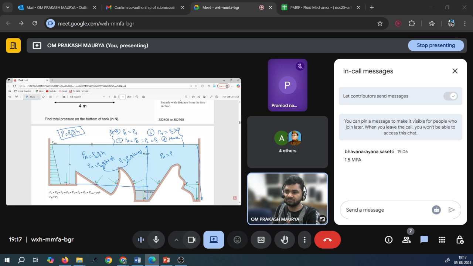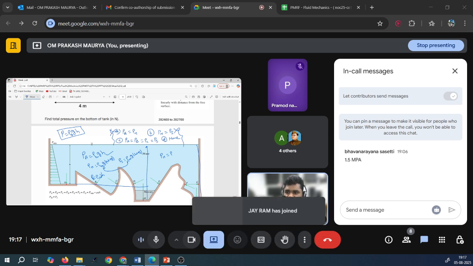Now come to C. P_A equals rho g h, this is correct, and the level is the same, so rho of water g H, and P_B also will be equal to this, but P_I is different, so option C is also wrong. So option D will be correct, none.